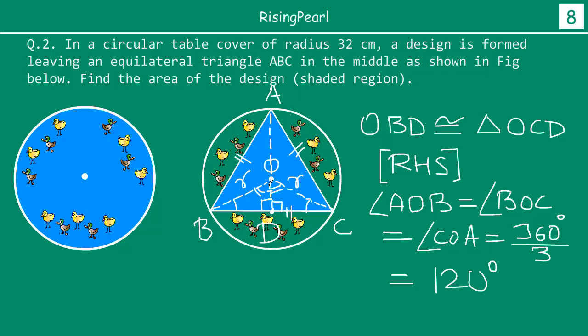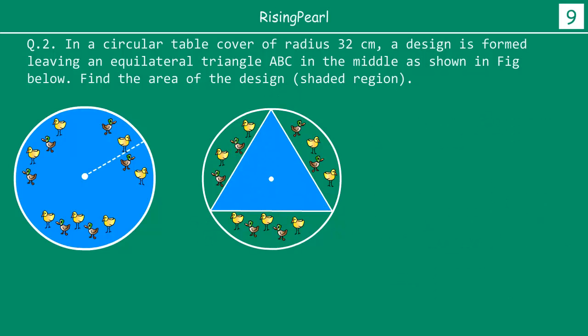If each of them is 120, then half of it is 60. So this is 60 and this is 60. Now let's see if we can give ourselves a little bit more space over here. Let's just focus on this triangle.